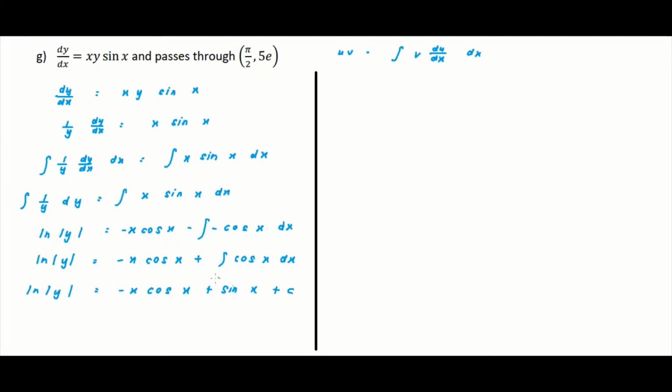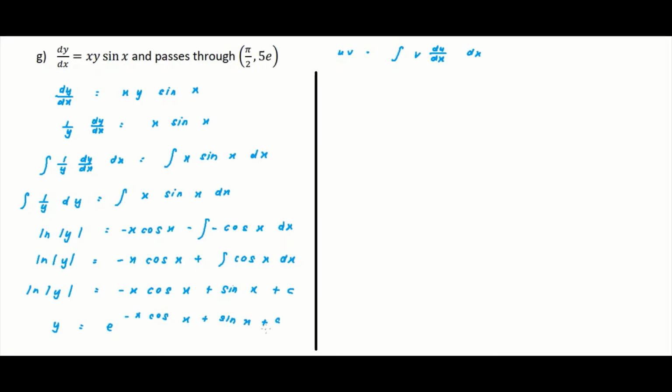Okay, so same thing, depends on you whether you want to change your equation into y here or later. All right, so I mean that's totally fine, but since we are going to substitute 5e, then I think maybe we can try to change it into y, then it will be easier for us. Okay, so you have y equal to e to the negative x cos x plus sine x plus c.